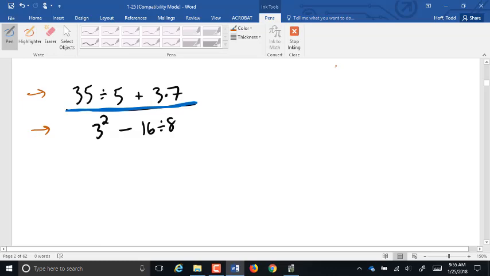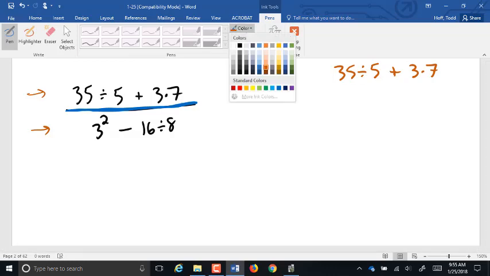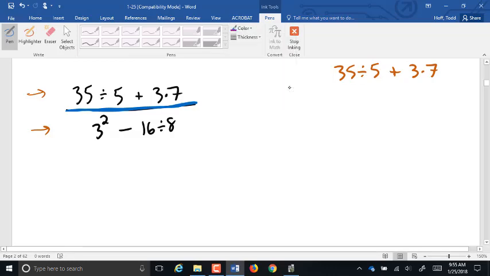So on top, I'm going to write it off to the side here so I have room to do it. Any other enclosing symbols on top? Nope. Exponents? Nope. What do we have to do first? Well, no, we've got to do the top first.